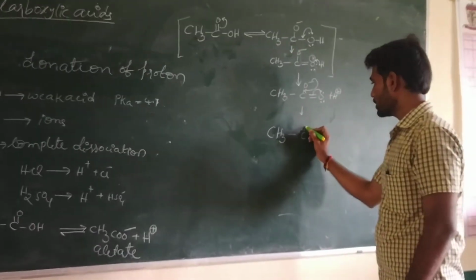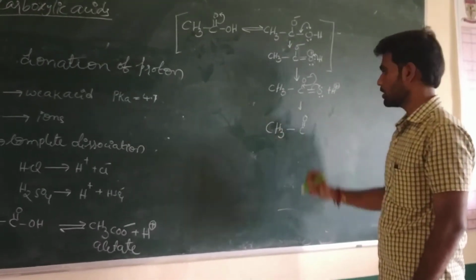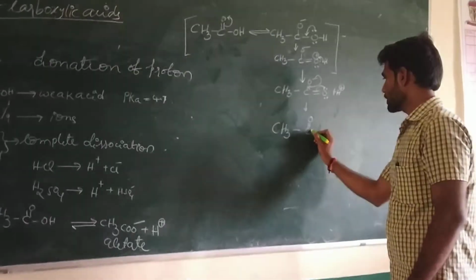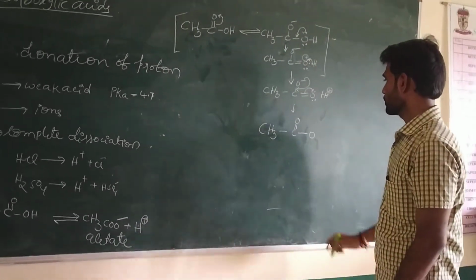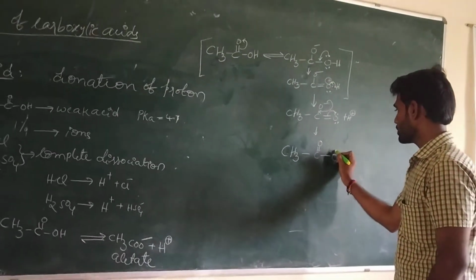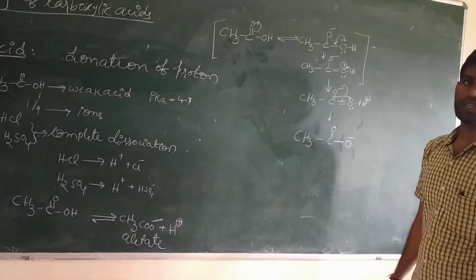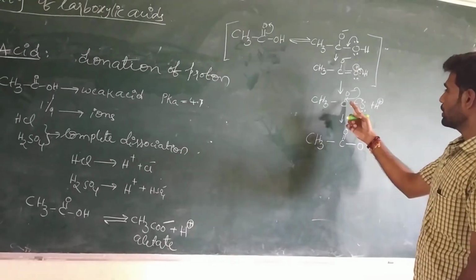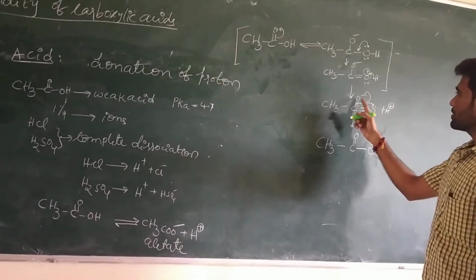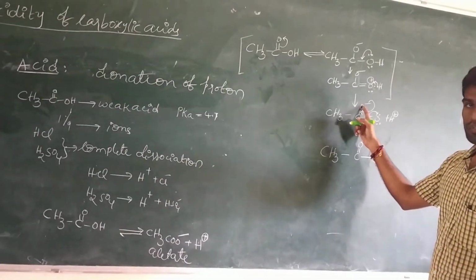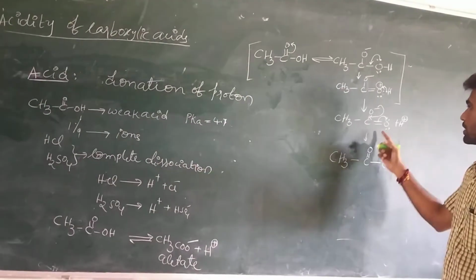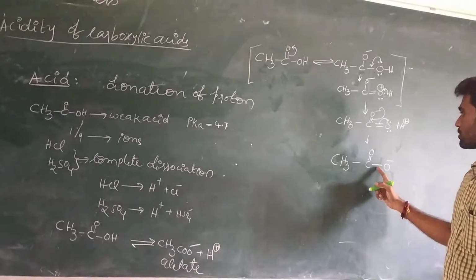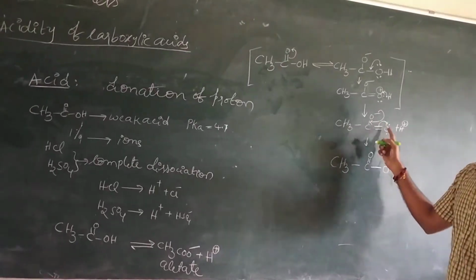So there is a double bond between carbon and oxygen, and a single bond between carbon and the other oxygen, which now gets the negative charge. Sometimes this oxygen atom gets the negative charge, and sometimes the other one does. That is, the pi electrons are shared between the 2 oxygen atoms.